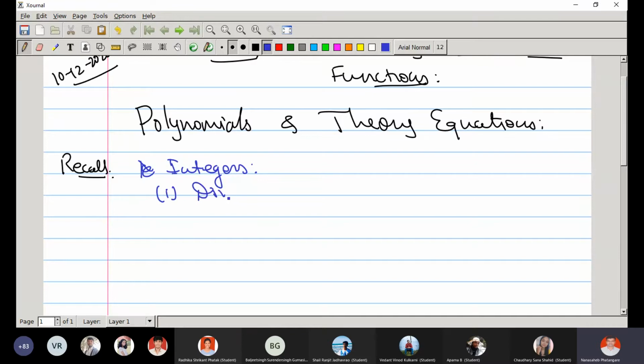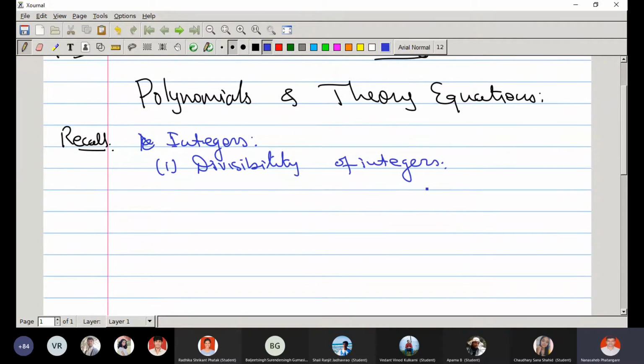So, divisibility of integers. What do you know about integers?